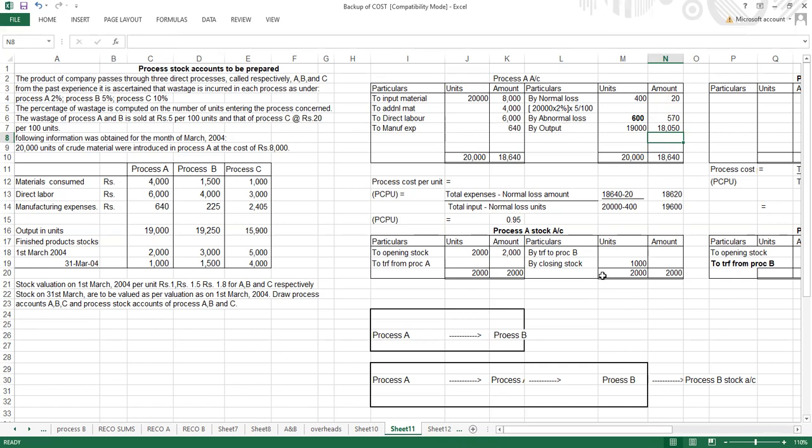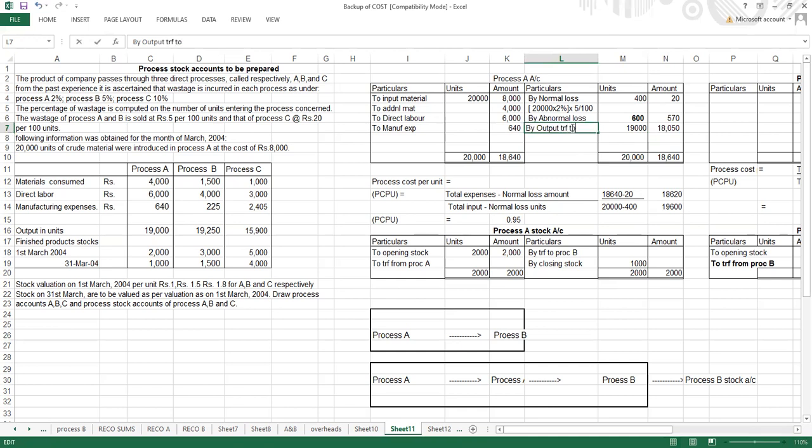Okay, now as I had told you that the output of process A normally goes to B as an input. But whenever opening stock, closing stock is provided for that process, you have to make a separate process stock account and transfer whatever output is generated by that process to its process stock account. So on credit side, this is my output.